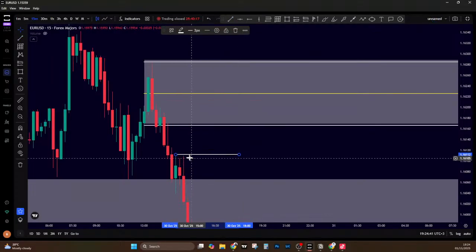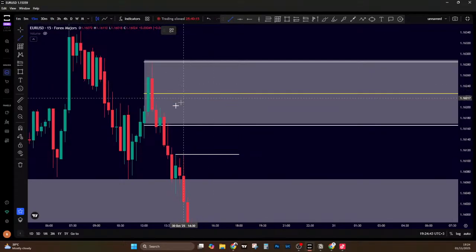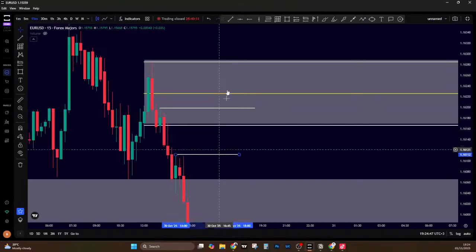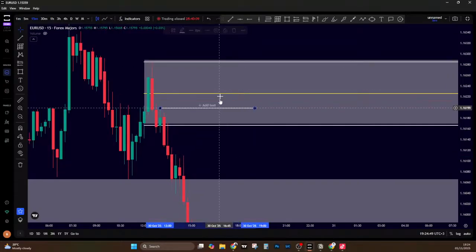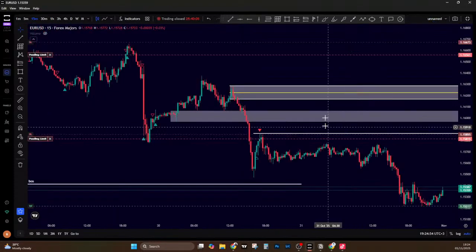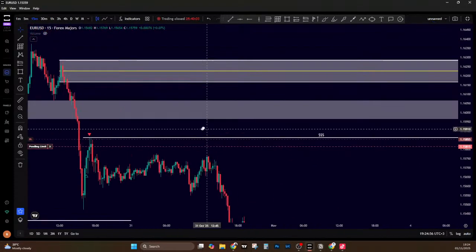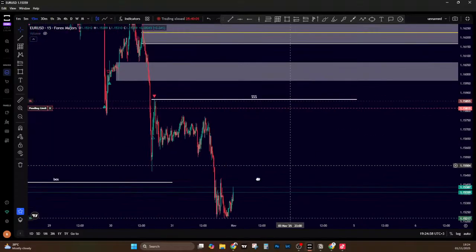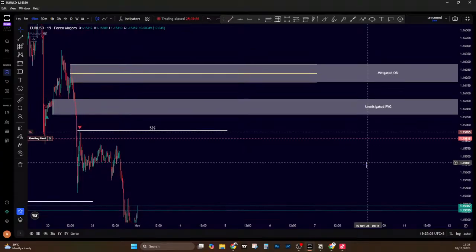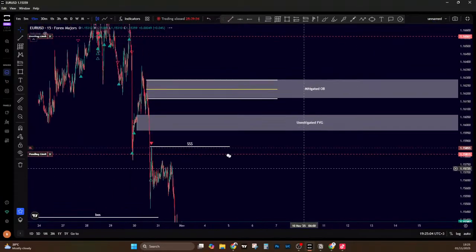This is almost relative equal highs, and there is a swing high here. So these two areas also would be my area of interest, especially if there is news next week, which we will look at. We'll look at the fundamentals for next week.